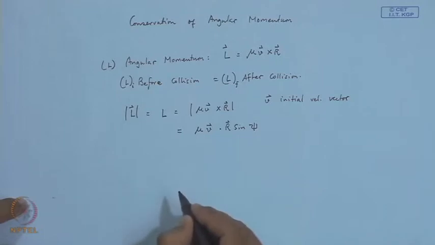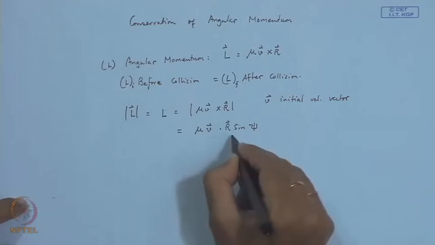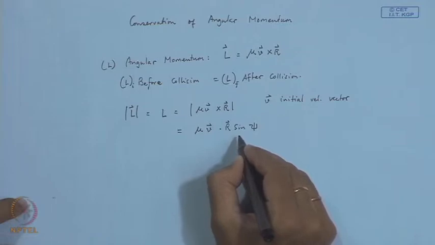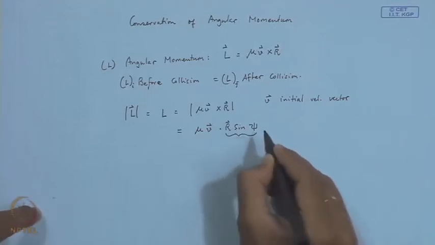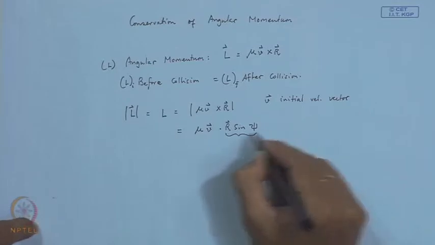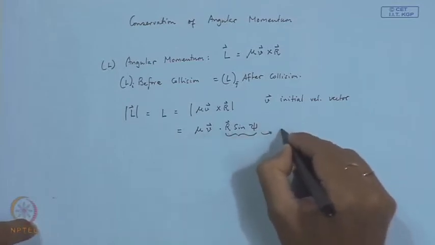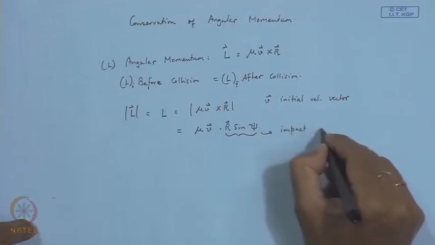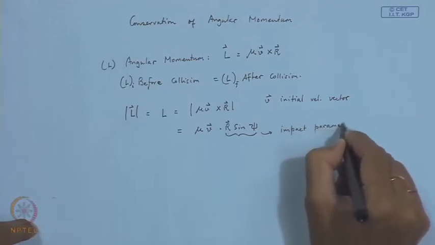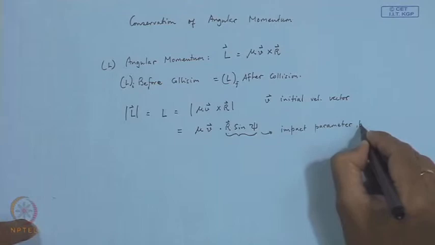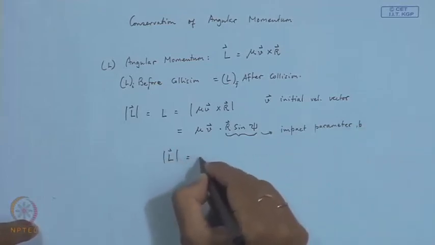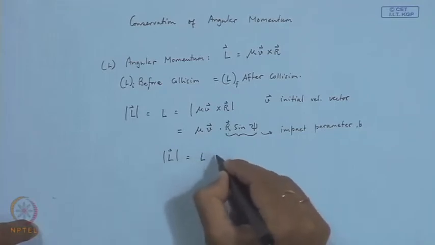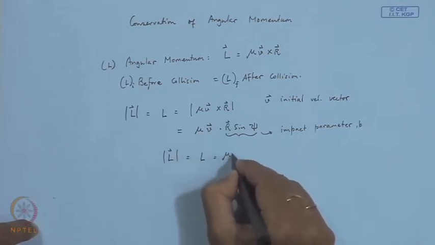B is basically r sin psi. You can replace this r sin psi with the impact parameter B, so you can relate this with the impact parameter. So ultimately L is equal to mu v into B.